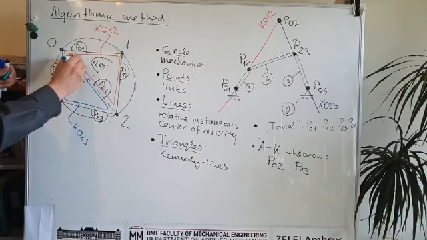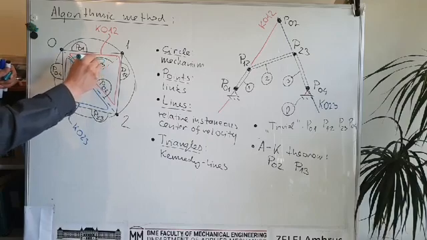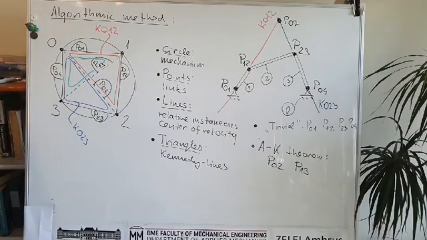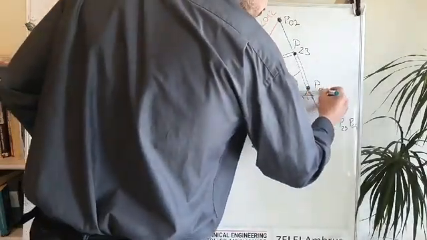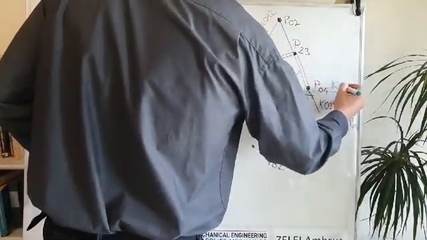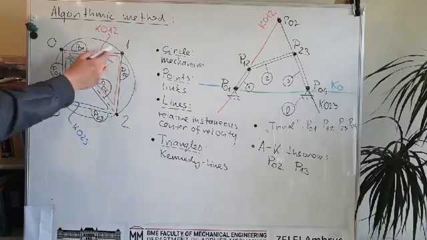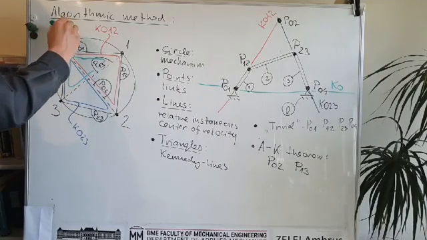Okay, so now I'm going to draw this triangle with green. So this green one is the Kennedy line 0, 1 and 3, and it goes through P01 and P04, so I can draw it here, and this is Kennedy line 0, 1 and 3.